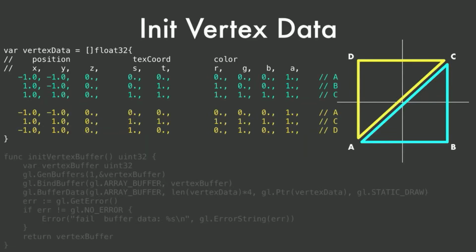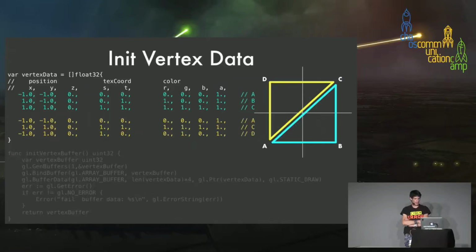Initializing your geometry, your vertex data. The easiest way we can do that is by just creating a static array of floats, which then can be passed as vectors. In this example, we have two triangles. One triangle with the vertices ABC, and the next triangle with the vertices ACD. Each of the vertices is given in a single line in the variable, and each of those vertices has multiple components.